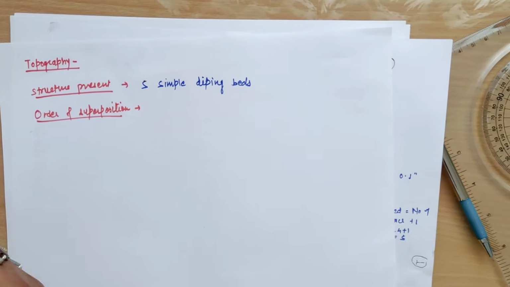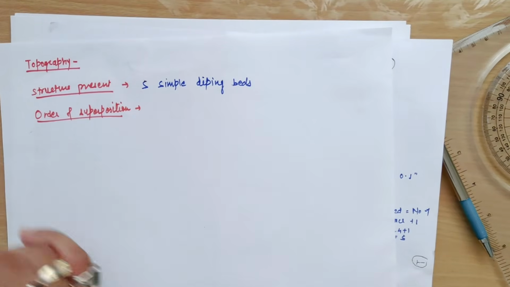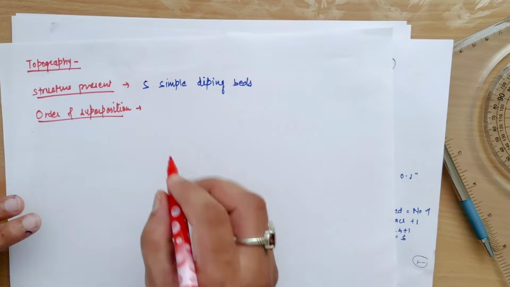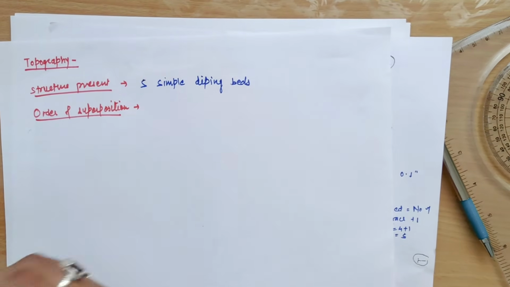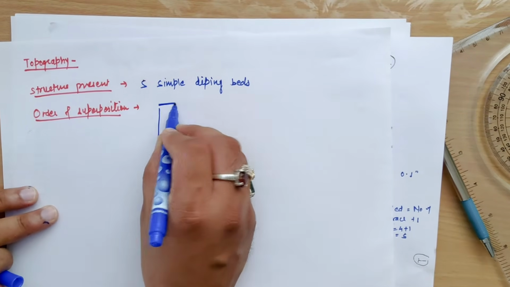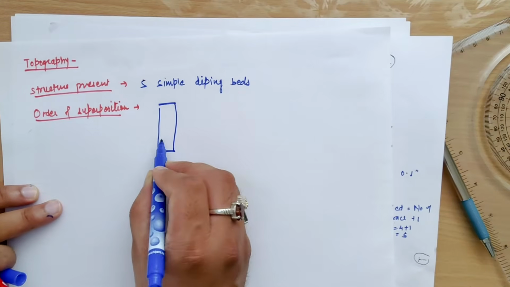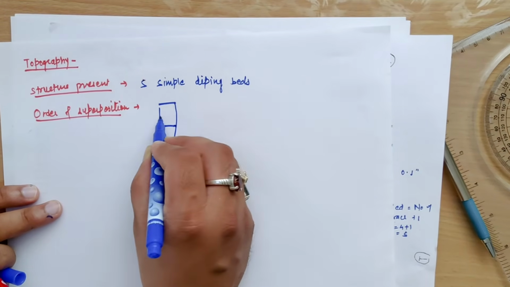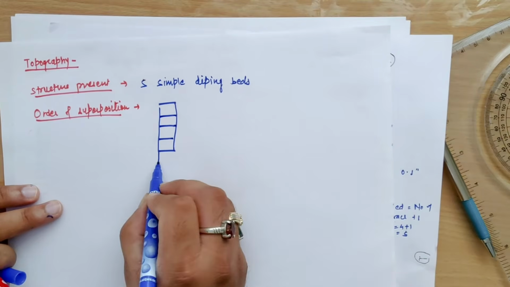In order to determine the order of superposition, we make the balanced cross section of the area that represents the order of beds in an undeformed manner. So we have 5 beds which are dipping, but here we are not going to draw it in a dipping manner, rather we are going to draw it in an undeformed manner.